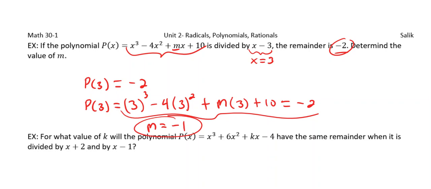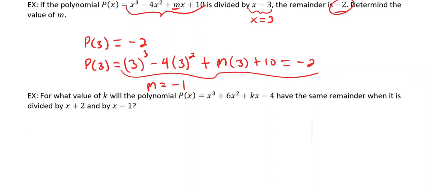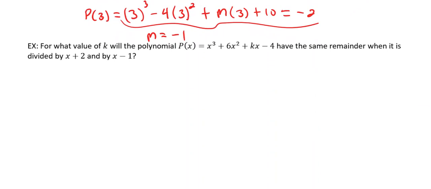Okay. Now, the question below is going to be similar, but there's a little twist to it. It says, for what value of k will the polynomial this, where there's a k for a coefficient there, have the same remainder when it's divided by x plus 2 and by x minus 1?